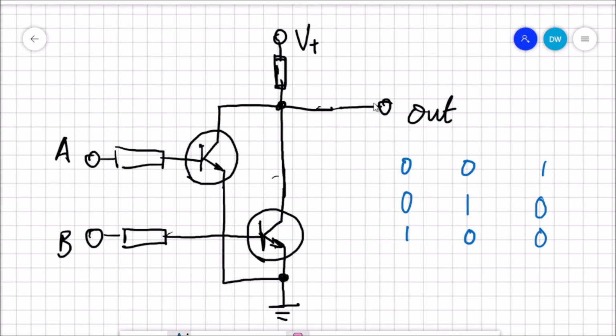And similarly, when we have both input terminals on, that means both transistors will be on, and of course the voltage will just go straight into the ground and still gives us 0. So these are the basic structures of logic gates, and so there is that.